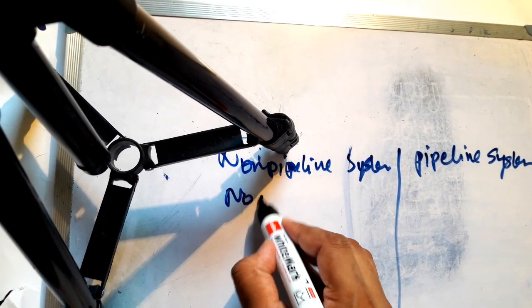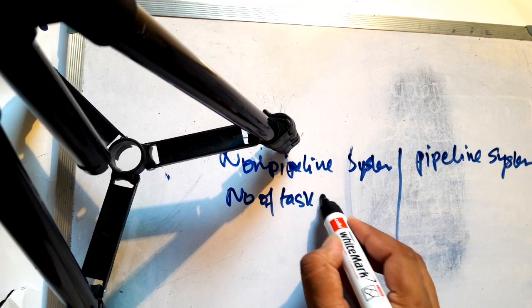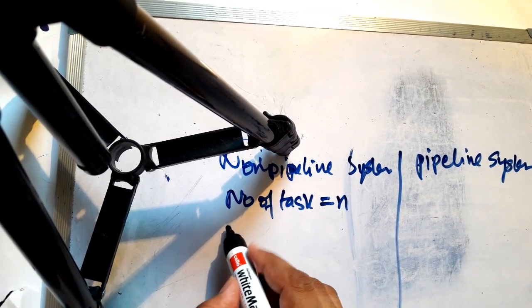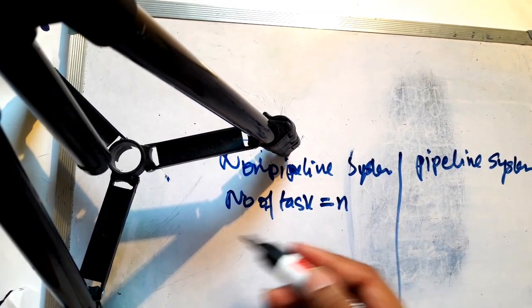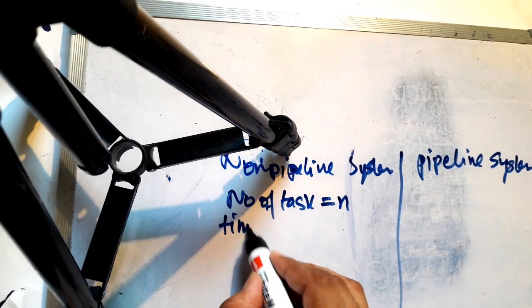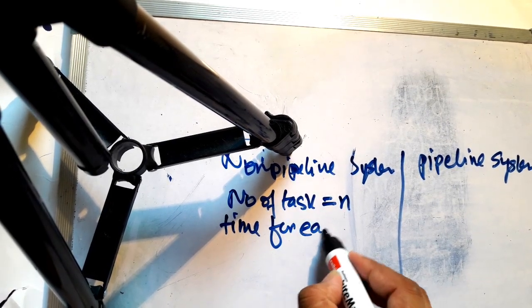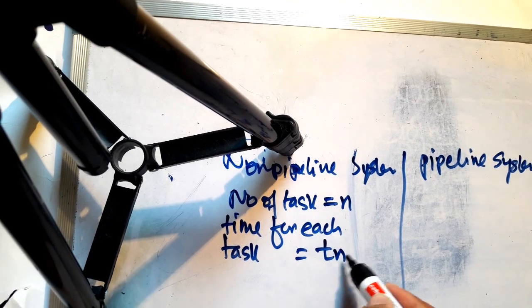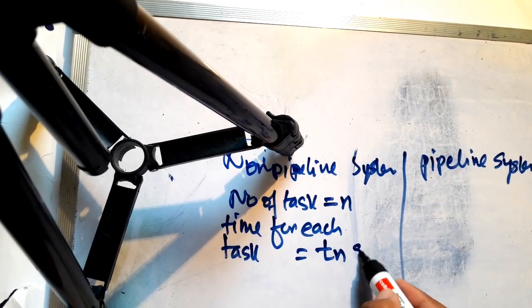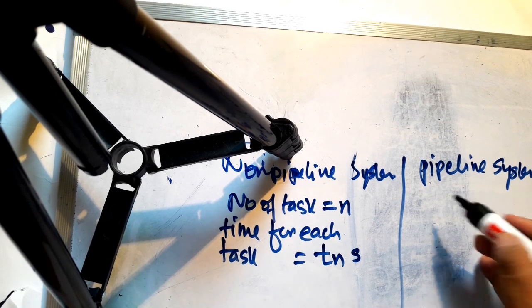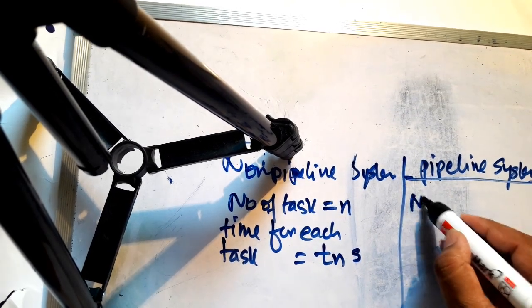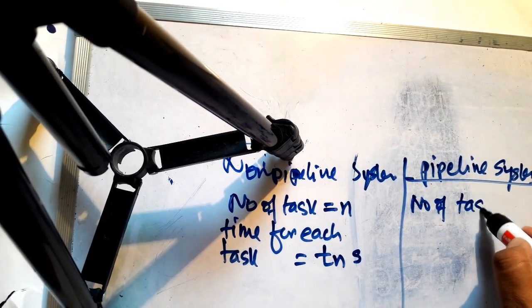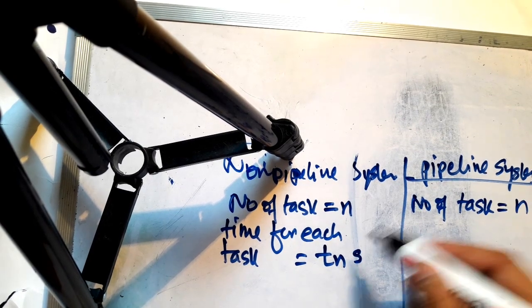Number of tasks, suppose n. In a non-pipeline system there are no segments, only tasks. Time for each task equals t of n, in seconds or nanoseconds, and the number of tasks is n. In the pipeline system, number of tasks equals n, the same tasks.